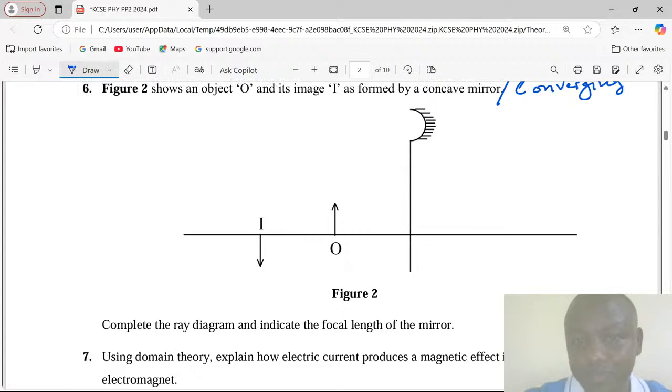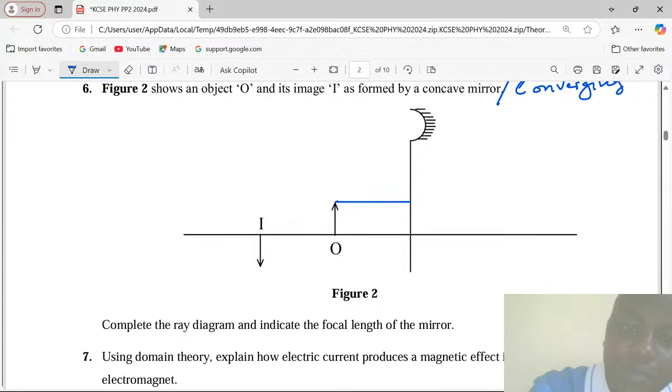In other words, from the tip of the object, how do rays behave once they hit the mirror? We are supposed to know that one of the major rays is a ray which is close and parallel to the principal axis.